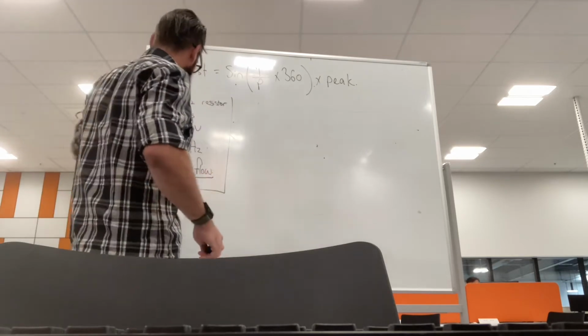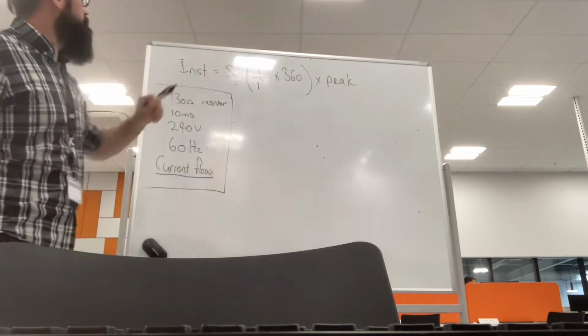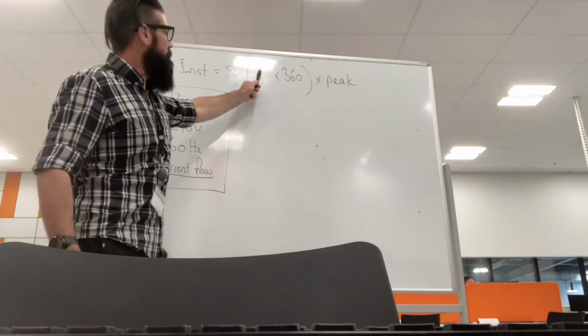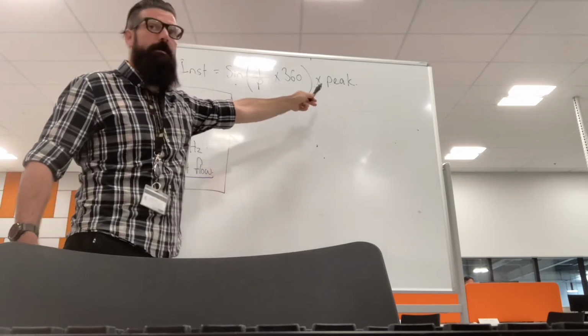Our formula for instantaneous voltage: sine of time over period times 360, times the peak.